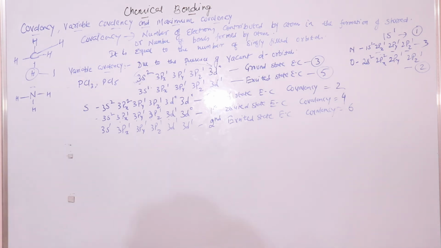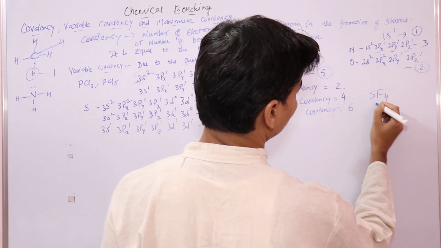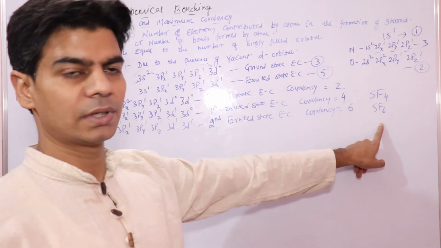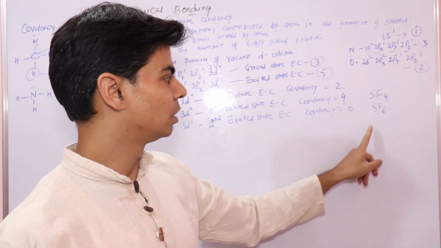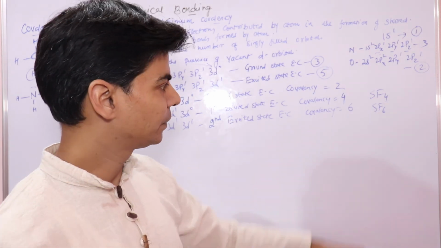So this clears our concept, and if you remember, we have these two compounds known, SF4 and SF6. Sulfur tetrafluoride and sulfur hexafluoride. In sulfur tetrafluoride, the covalency is 4, right? And sulfur hexafluoride, covalency is 6, right?